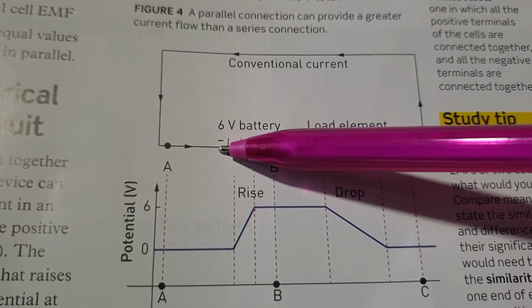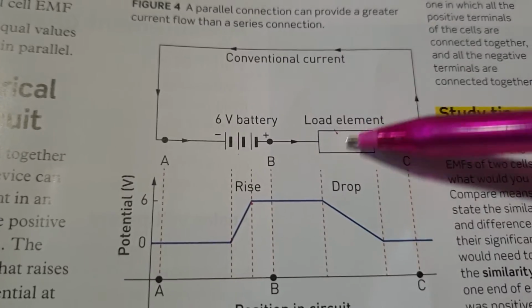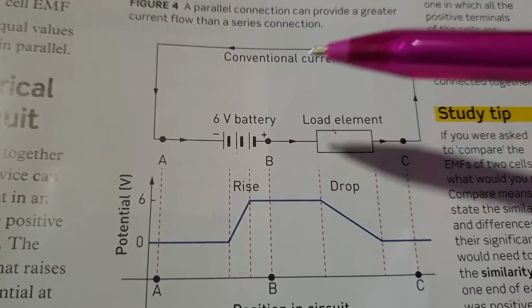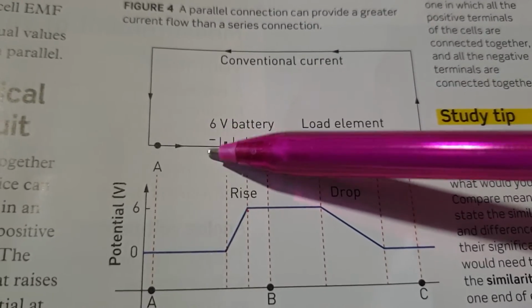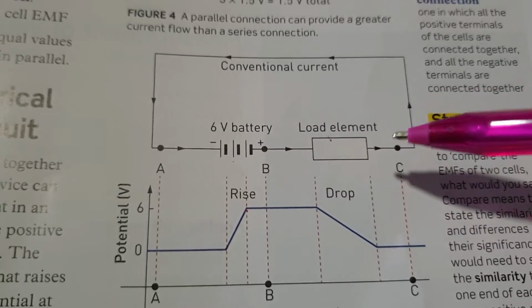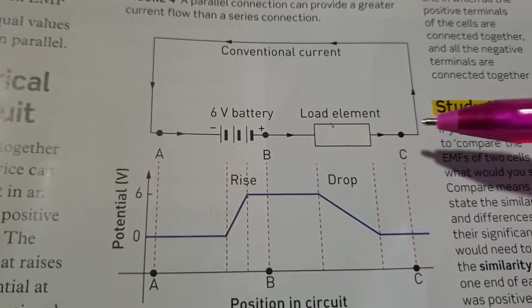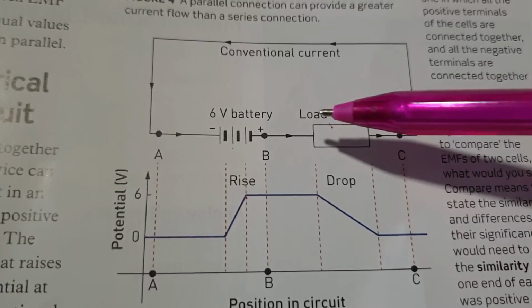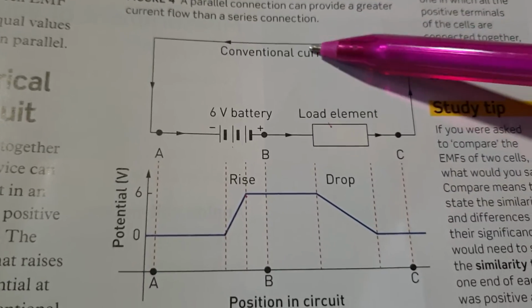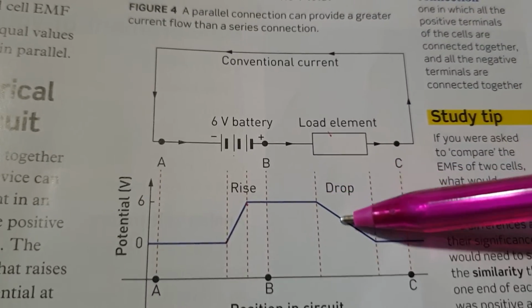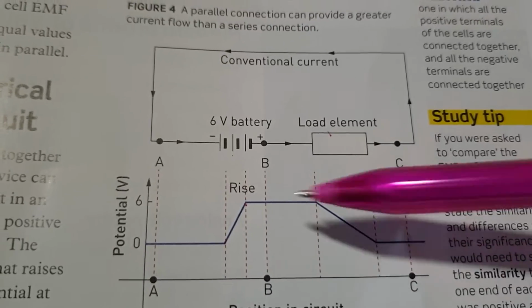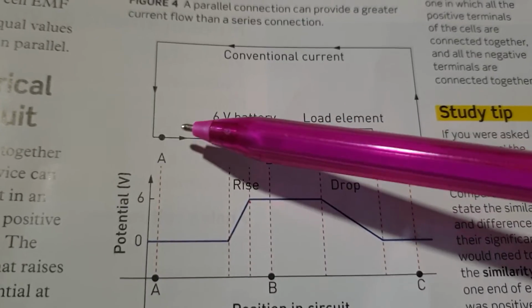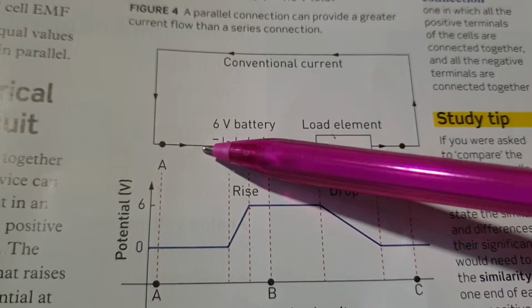So when you're doing your circuit diagrams and circuits later on, you're trying to work things out, this voltage that's given by the battery is lost completely by whatever elements are in the circuit. So if there were more elements in here, then it would drop a bit, go on, drop a bit, go on, but it would end back up at 0 before it gets back here to the battery.